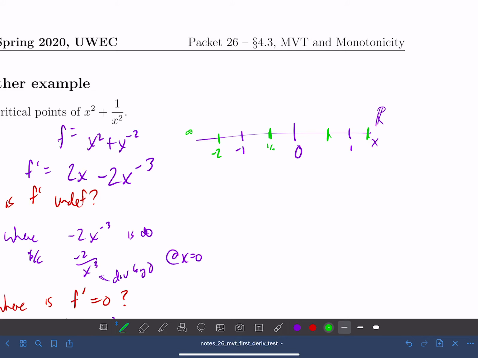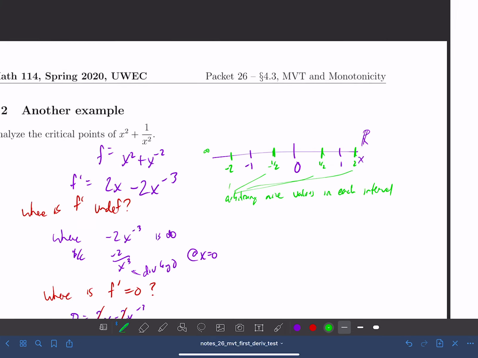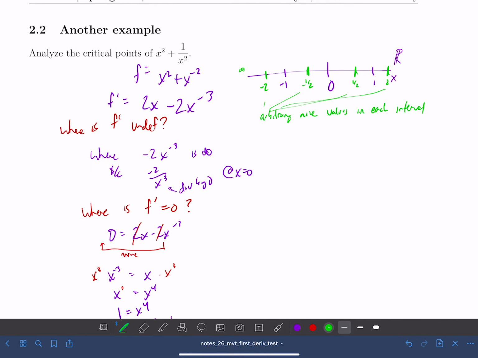How about we call that one minus a half, that one a half, and that one 2. I'm just choosing nice arbitrary values in each interval. All right, so then I need to know the sign.